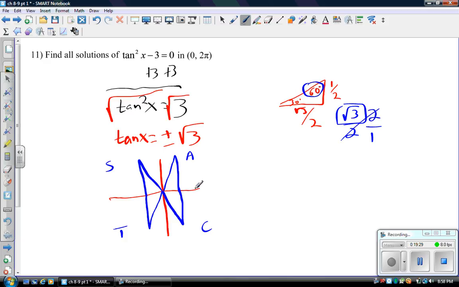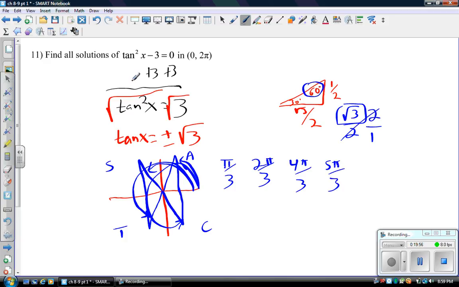What are all those angles? Well, that is pi over 3. Again, I assume at this point we can count that out. That's 2 pi over 3. That is 4 pi over 3. And finally, 5 pi over 3.